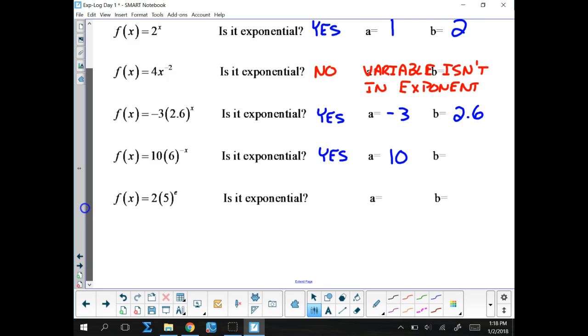Why is my b value not 6? Because it's a negative exponent. So how do I make that be a positive exponent? 1/6. I reciprocate that number, right? So this b value here is 1/6. Because of the negative exponent there, I got to reciprocate that value. Okay?